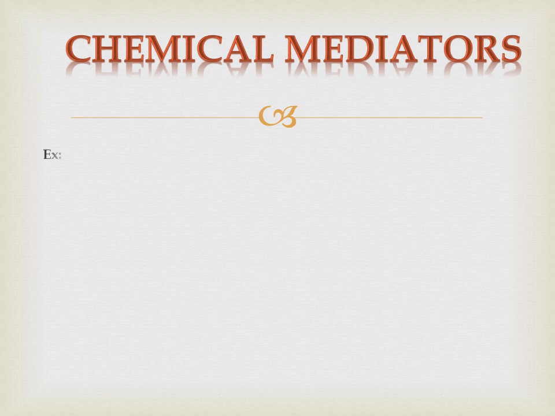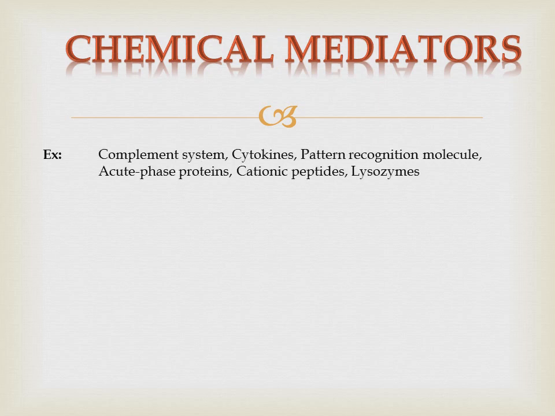Next is chemical mediators. The chemical mediators comprise the complement system, cytokines, pattern recognition molecules, acute phase proteins, lysozymes, etc. Now, what is the complement system? The complement system is a separate elaborate topic which we will deal with in the continuing videos.